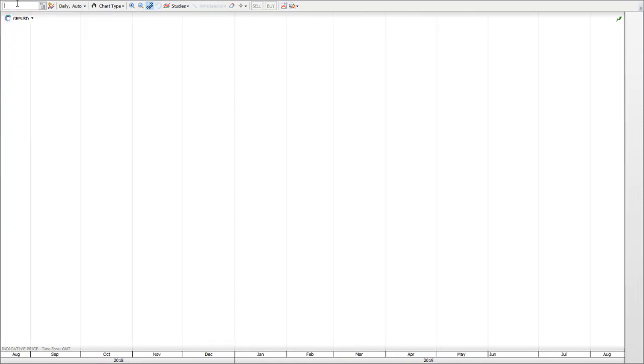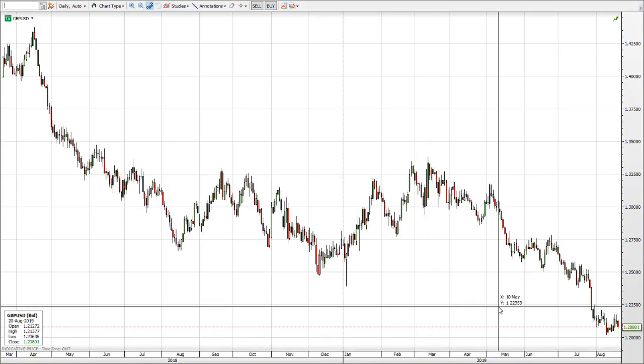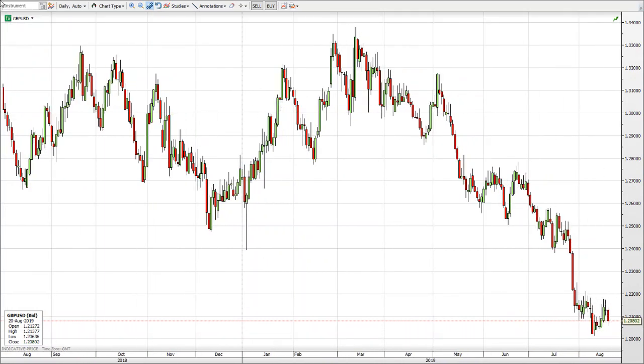Against the pound, it's shown a fair bit of strength, but it hasn't made new lows or new highs against the pound.